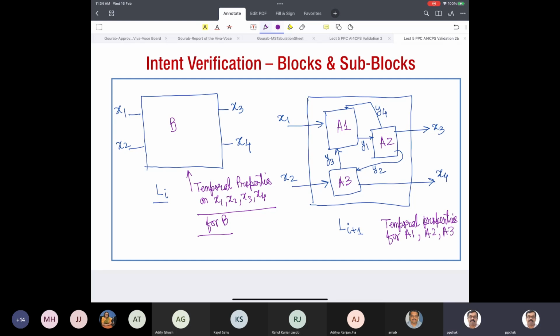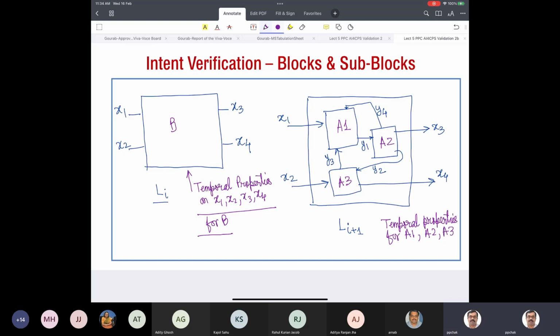A1 will be written with X1, Y4 and Y1. A2 will be written with X3, Y4, Y1 and Y2. And A3 will be written with X2, Y3, Y4, X4 and Y2. And the connection will be given.